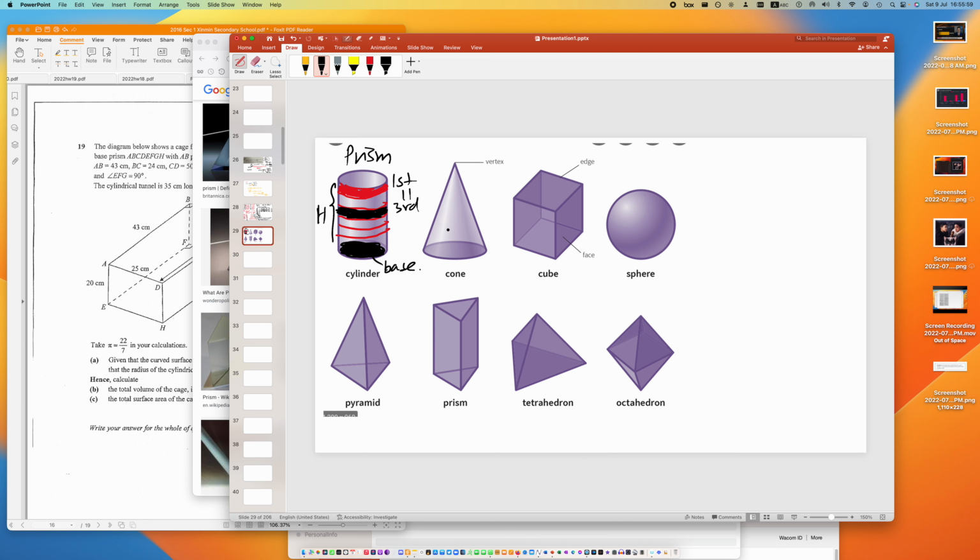Okay. But for this, right, it's not a prism. Why? Because you see, the first and the third are not the same. It does not have the same. Correct. So if you compare this one, it's very different, right? Okay. Your first layer and the second layer are so different. So this is not a prism. But this cube actually is a prism. If you can cut it this way, right? Yes.